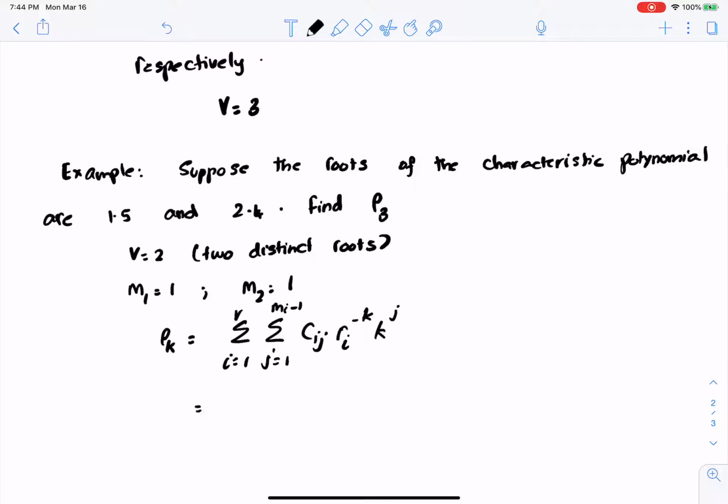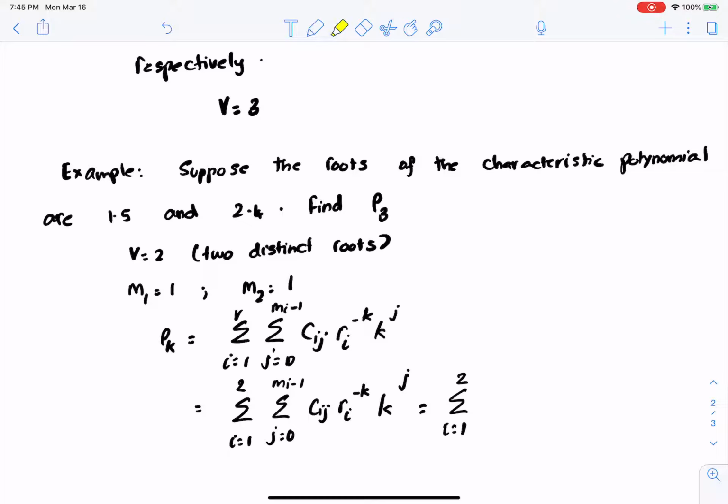So the sum would simply become i from 1 to 2, j from 0 to m_i minus 1, and C_ij R_i raised negative k, k raised j. And when we plug in the values of i, we would have the inner sum going away because the multiplicities m1 and m2 are just 1.